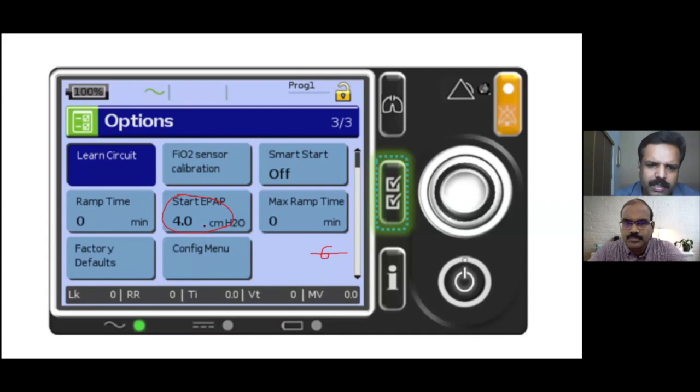So you can set a starting value somewhere around 3. Initially it will start at 3, then gradually go to 6. How much time you need for that, you can also set. That is why the patient will be more comfortable. Initially there will be only minimal pressure, then it gradually builds up. So when setting the ventilator, you always set a start EPAP, then the target EPAP which we have already set. In the same way, the ramp time can also be set accordingly.